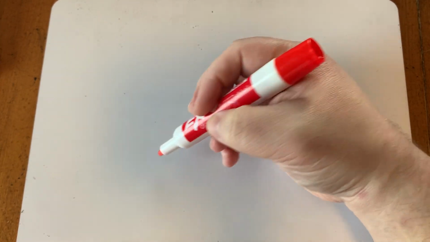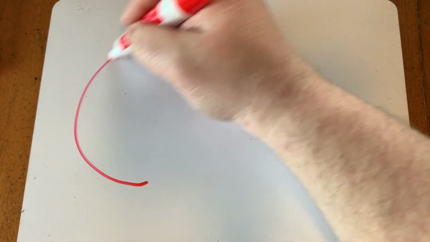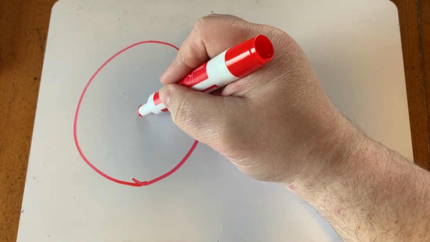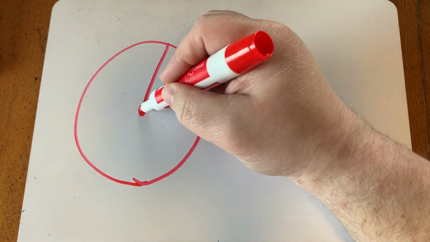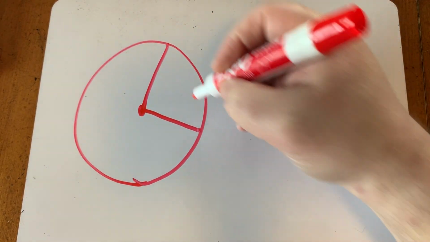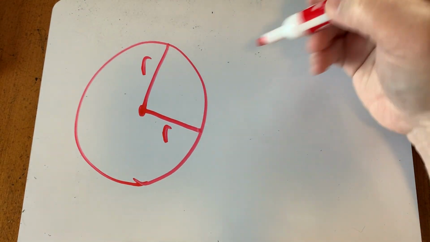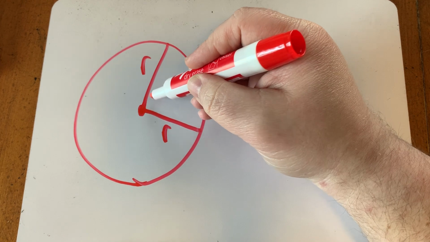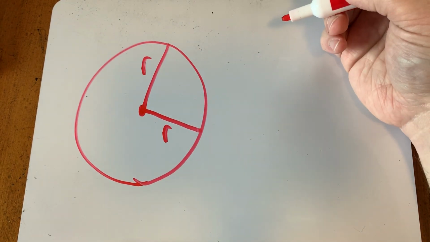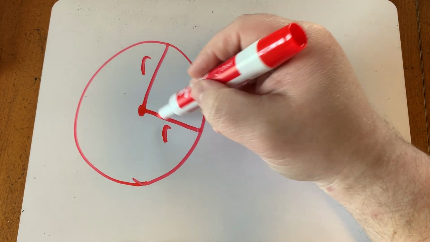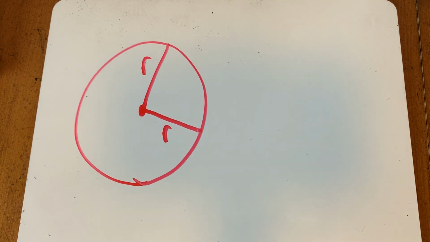So that's area of a circle, but we literally just defined what a part of a circle is called. This region is called a sector. It's bounded by 2 radii and an arc. That's called a sector.